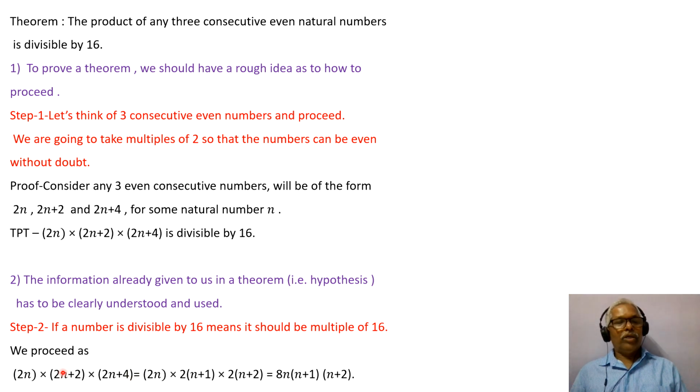All these are consecutive even numbers. That is equal to 2n into, taking 2 common, 2 into n plus 1, and again taking 2 common, 2 into n plus 2. So the final product is equal to 8n into n plus 1 into n plus 2. Remember, it contains n, n plus 1, and n plus 2. So we will proceed.